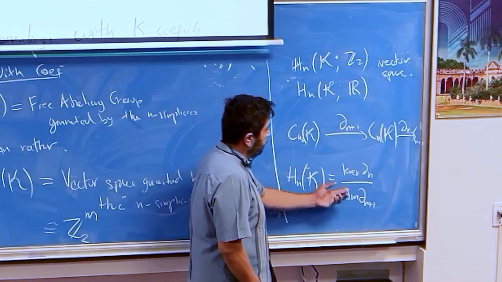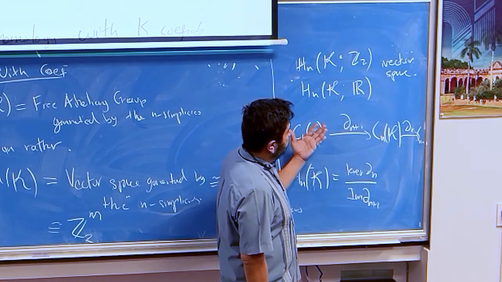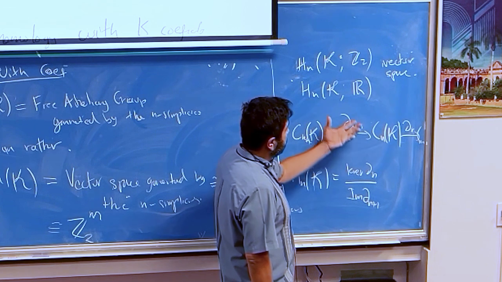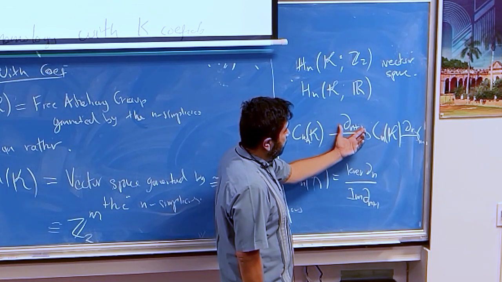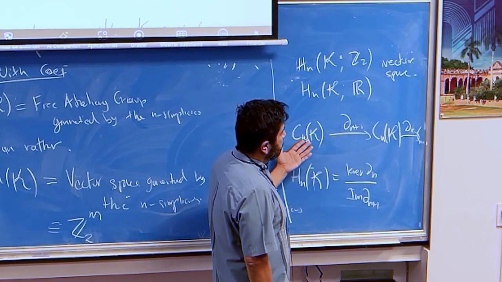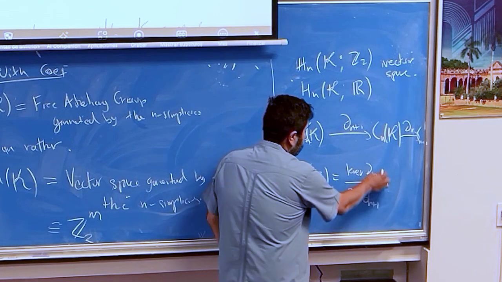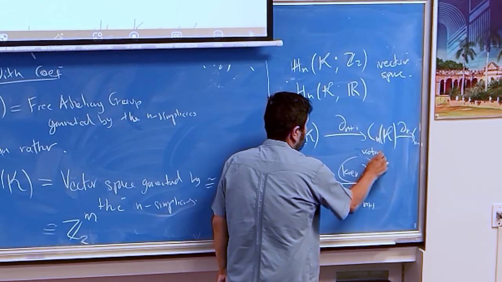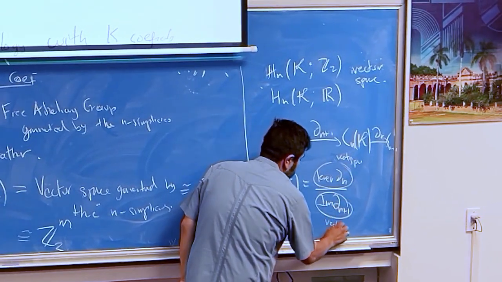Before, we had to compute the Smith normal form of this transformation, but when we are working with vector spaces, we know that the kernel of Dn is a vector space, and the image is also a vector space.